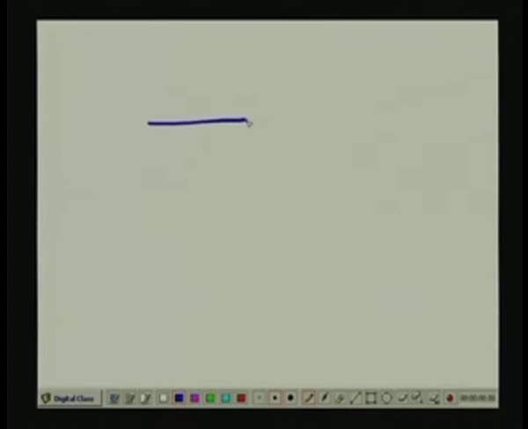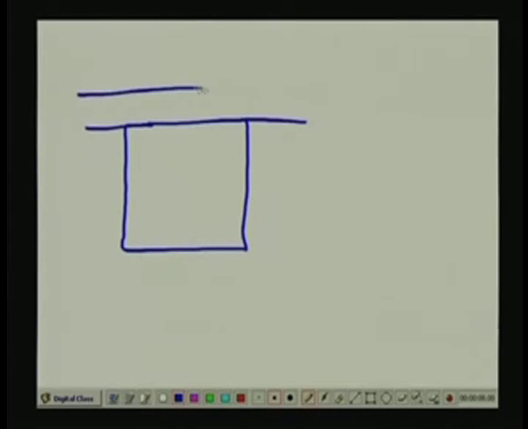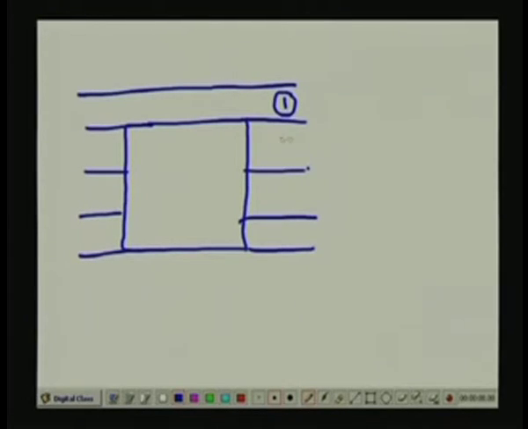Let us say you have got a tunnel with a cross section like this, and the tunnel is constructed through horizontally bedded bedrock. In this case, if the self weight for slab number 1 becomes too large, then it is going to sag, as we have seen in one of the previous slides.